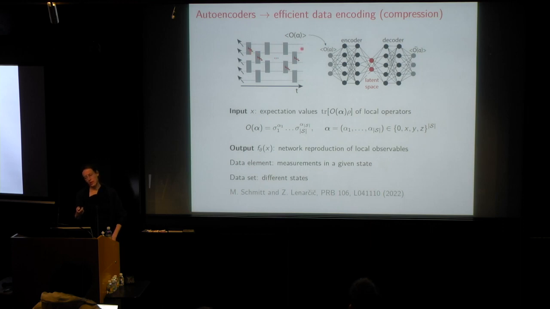Then at long times, we plug these measurements into our autoencoder. Each data element will be a collection of different measurements for one run, and the whole data set will contain different runs, say with the same Hamiltonian but slightly different couplings to baths.